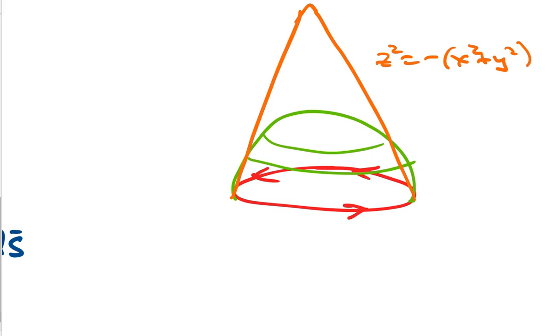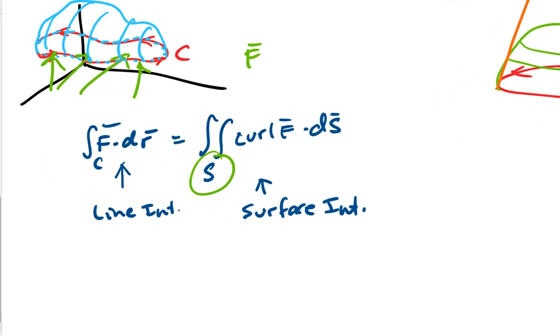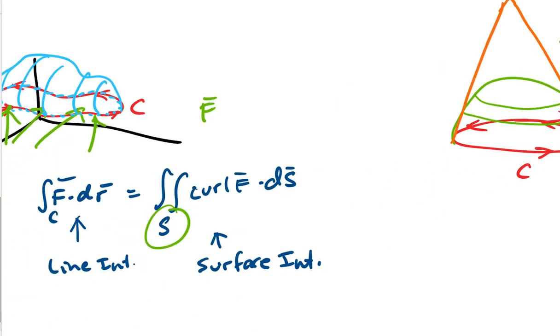You could have a cone where C, this curve, is the boundary of that cone. Or it could be that the surface you want to use is this hemisphere, x squared plus y squared plus z squared equals 1, where z is greater than or equal to 0. When you do this, they're going to give you S in the homework, so you don't have to figure out which one to use. So don't worry about that.